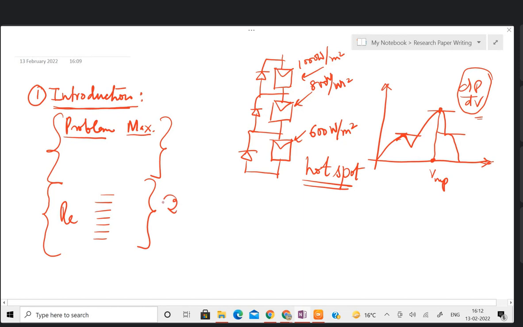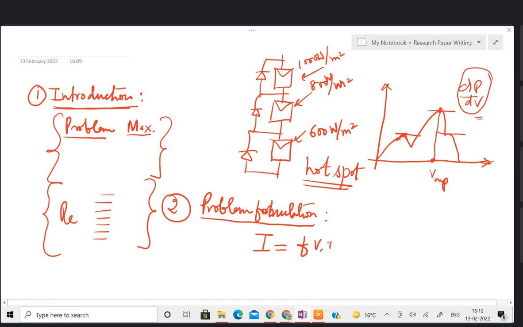The second section is the problem formulation. In problem formulation, the problem is known, so now you write down its mathematical form. You have to write down the equation relating I and V, where I is the PV current and V is the PV voltage.